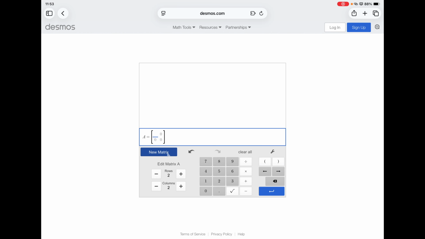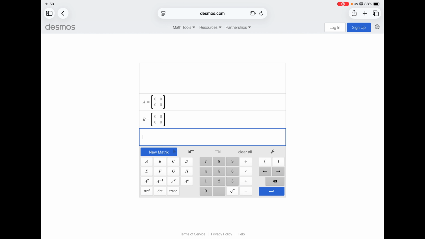So if you do a second matrix and you want the reduced row echelon form of matrix B, you have to make sure you type in matrix B and not A.